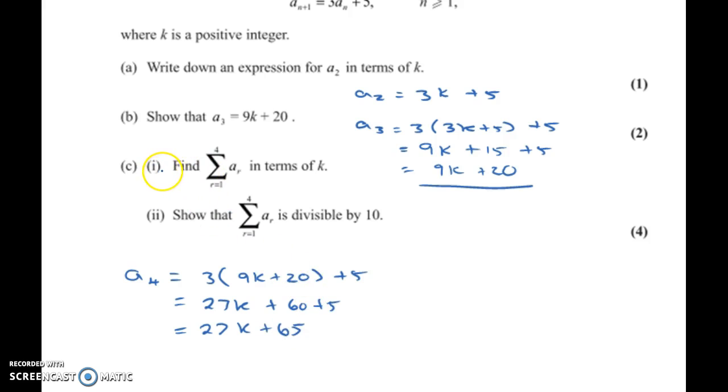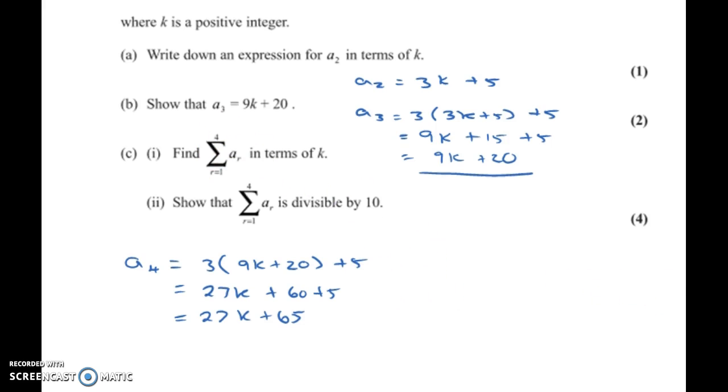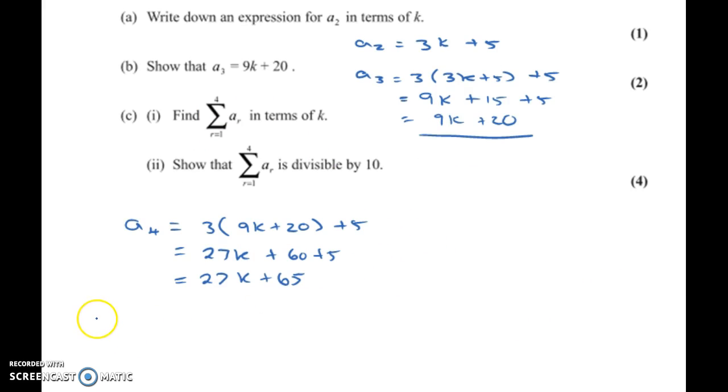And then the second part, also find the sum of the first 4 terms, so we're going to add all of these expressions together. So A1 was k, A2 is 3k, add 5, A3 was 9k, add 20, and A4 was 27k, add 65. When we add these together, we should get 40k, add 90.